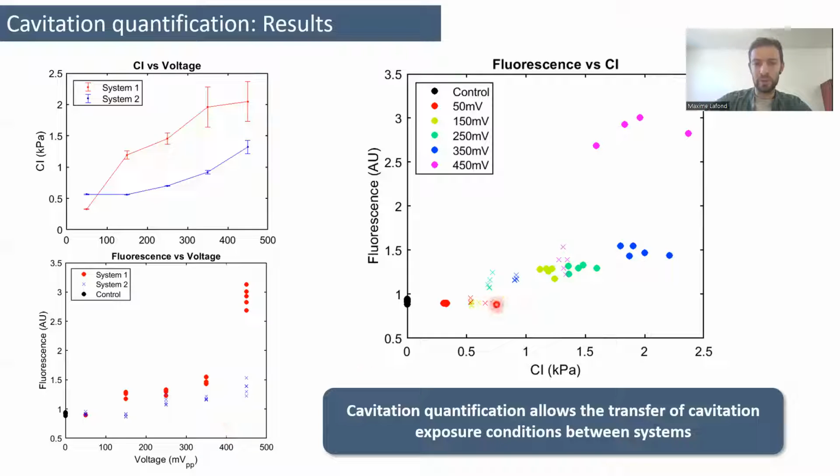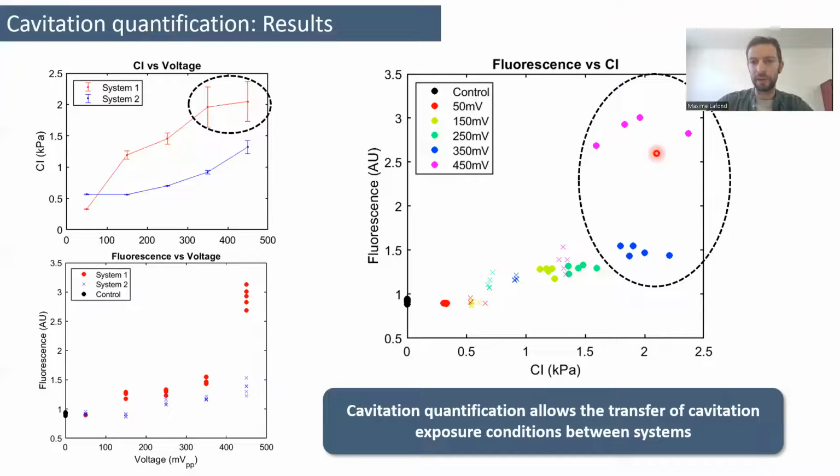But what we can see is that with our method of calibration, now the fluorescence as a function of the cavitation index in kilopascals, for the 2 systems, system 1 with the dots and system 2 with the crosses, you have all this region where they intersect.